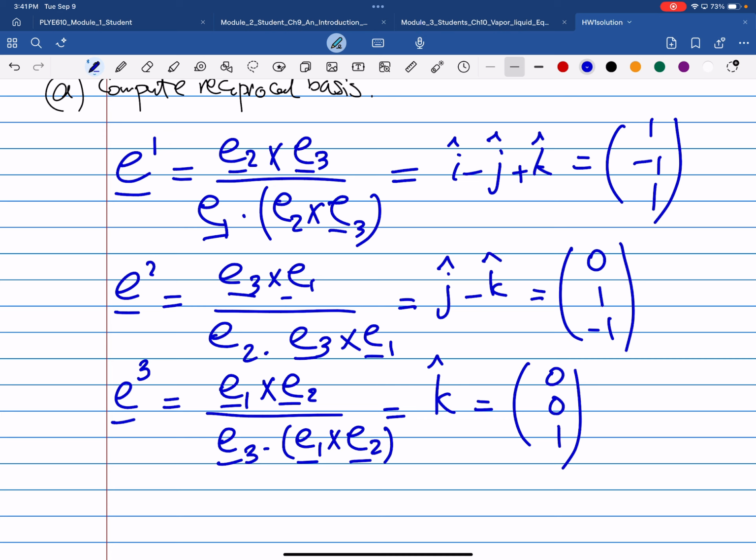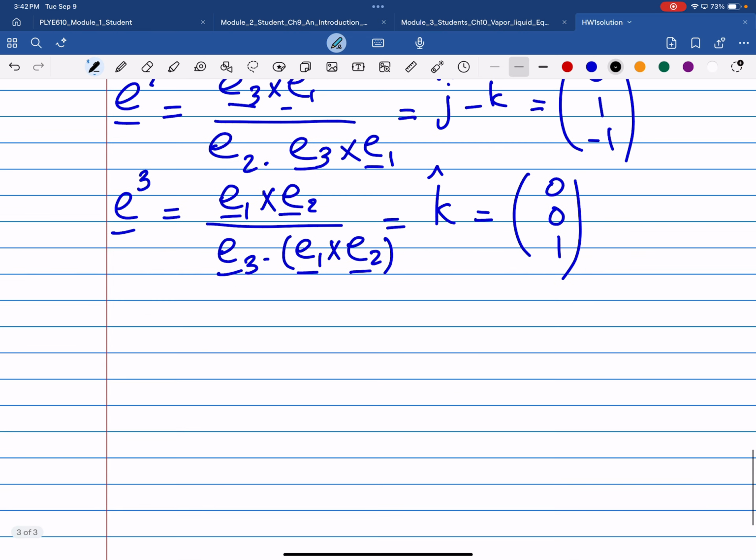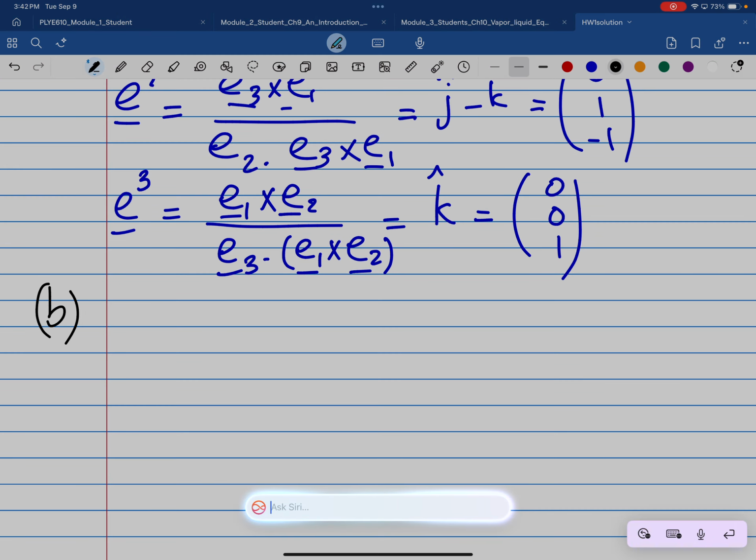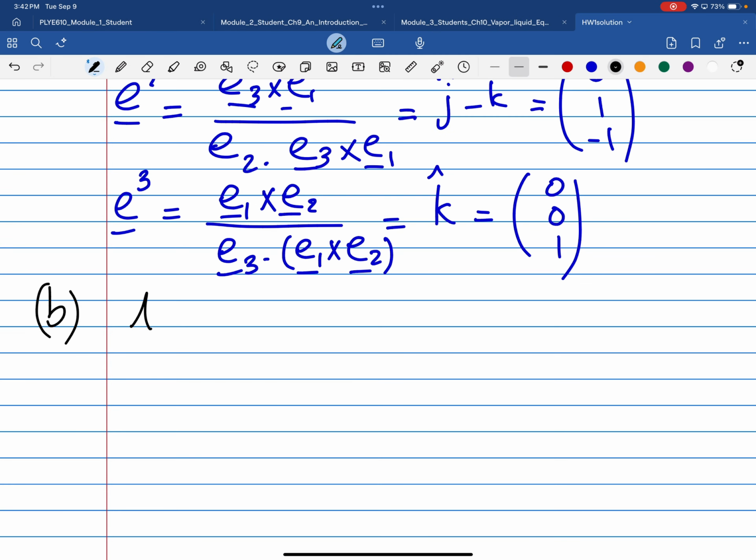Now in part B, I'm asking this question. Let's say I have a vector A, which is 3E1 minus E2 plus 2E3.